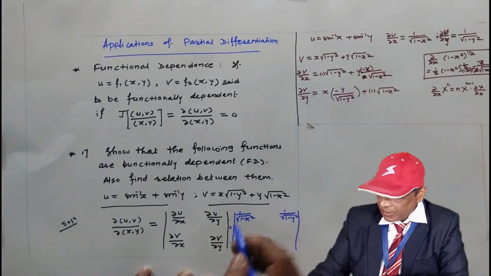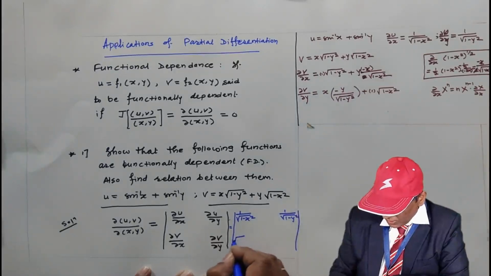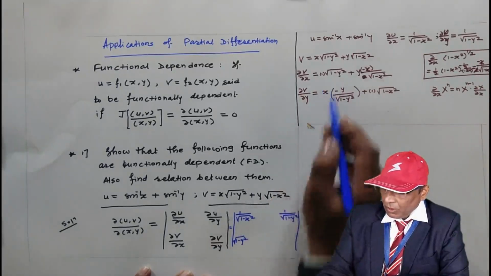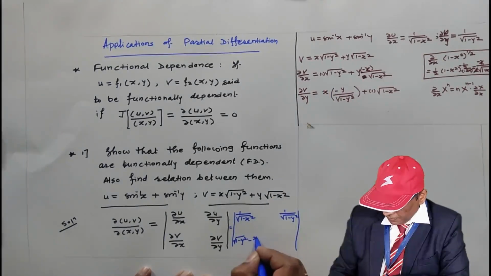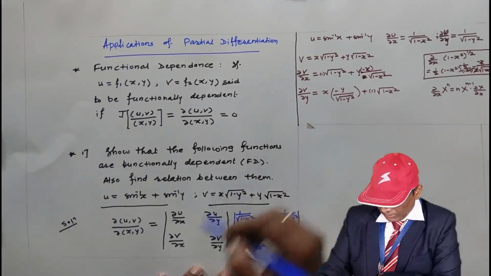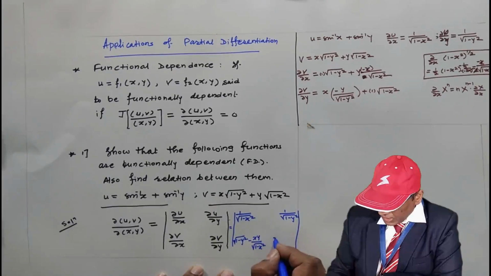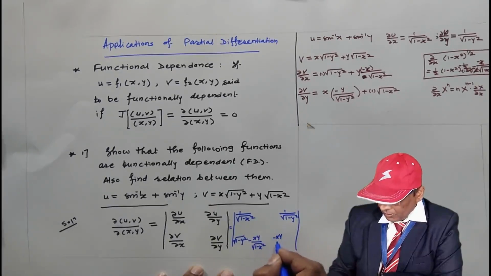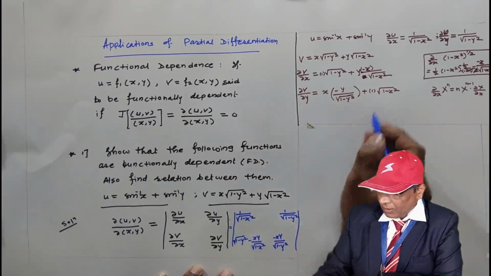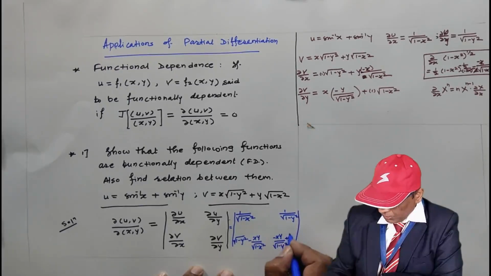Under root 1 minus y square minus xy by under root 1 minus x square. Del v by del y is what? Minus xy by under root 1 minus y square plus under root 1 minus x square, like this.